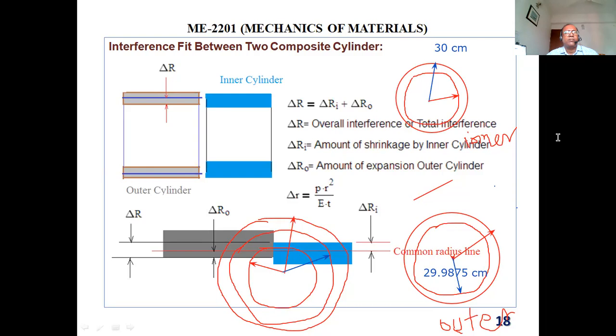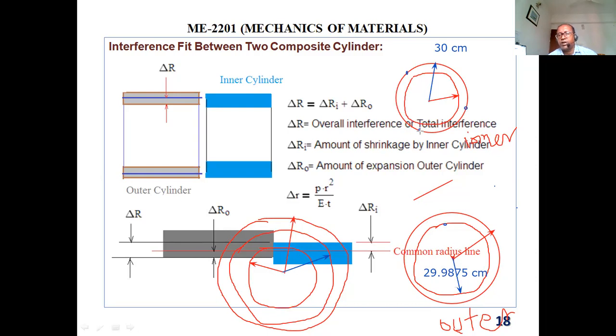A crack might develop on the inner surface of the outer cylinder, or the outer surface of the inner cylinder. So this option is not acceptable.